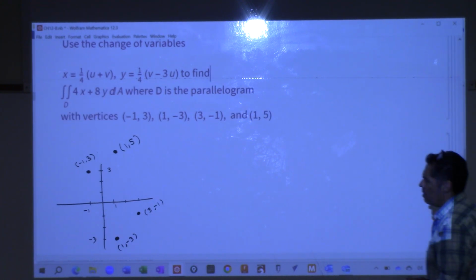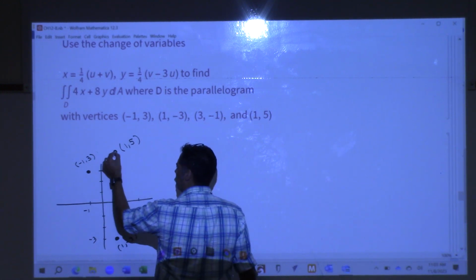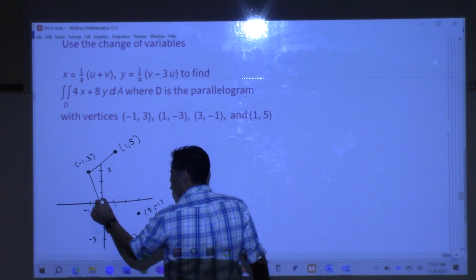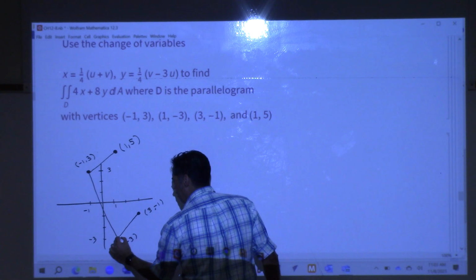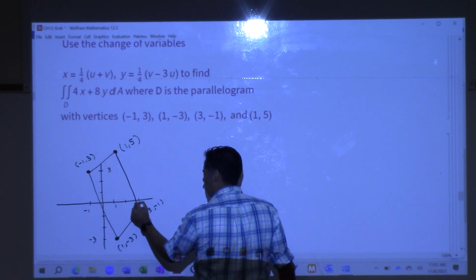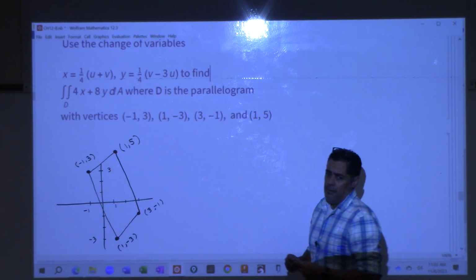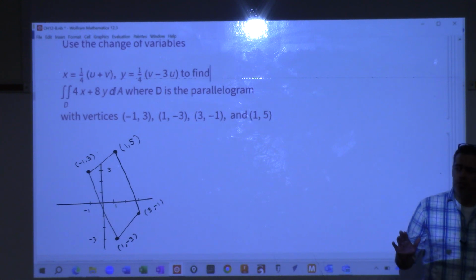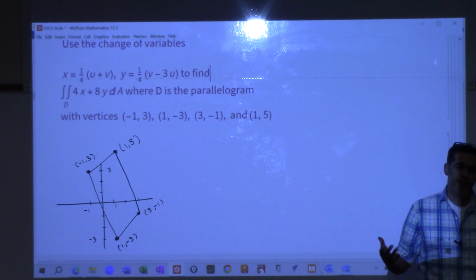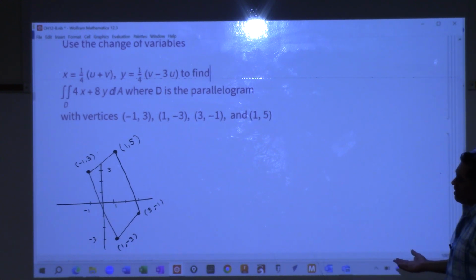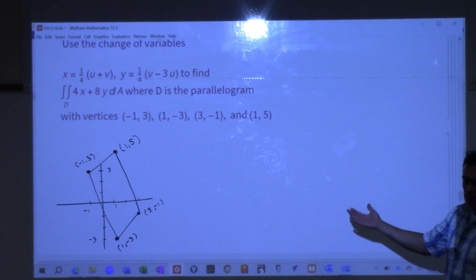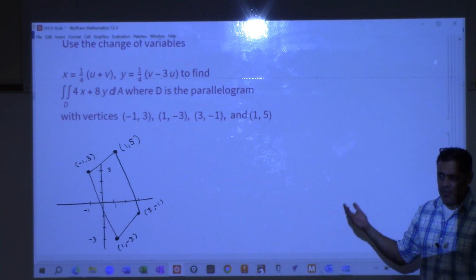All right, so we have a parallelogram with these vertices, and we're trying to do this double integral over this region. Now, could we do this without a change of variable? Well, yes, if we could look at that as a type 1 or type 2 region, which I think we could.